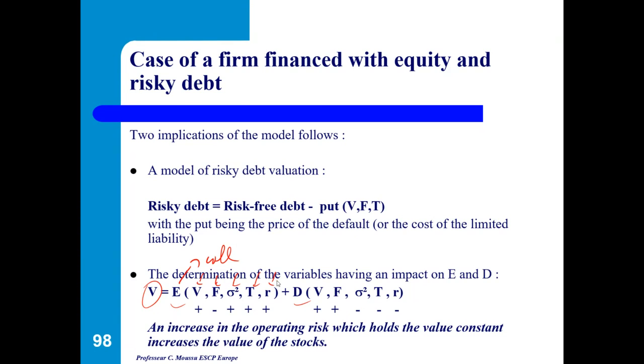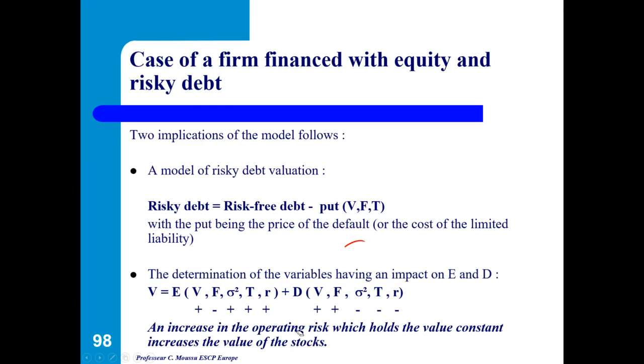If you increase the maturity of the option, the value of the call increases. If you increase the volatility, the value of the call increases. So here we summarize that a little bit.